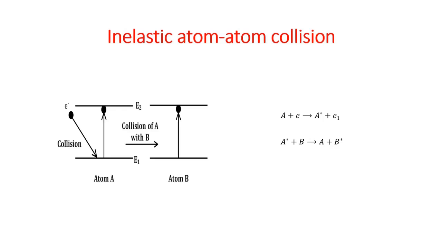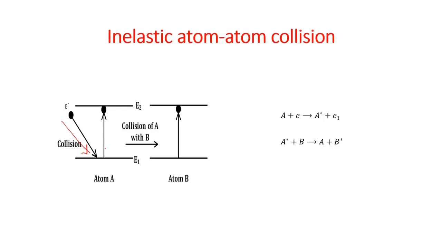Consider there is a mixture of two gaseous atoms, say A and B. A gaseous atom A can be raised to an excited state by the collision of an electron. This can be written mathematically as A plus E, which gives A star plus E1.